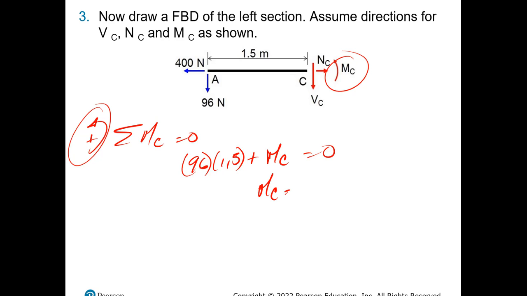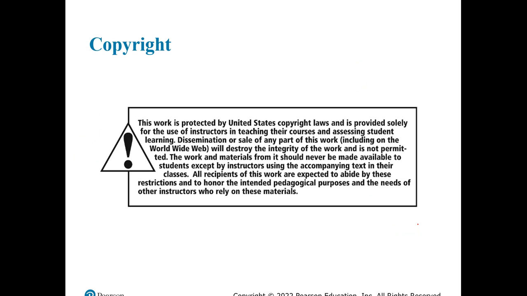So MC will be equal to minus 144 newton meters, or 144. Okay, so that's it. That's the whole thing. With that, you basically completed the exercise, and then you can move on.